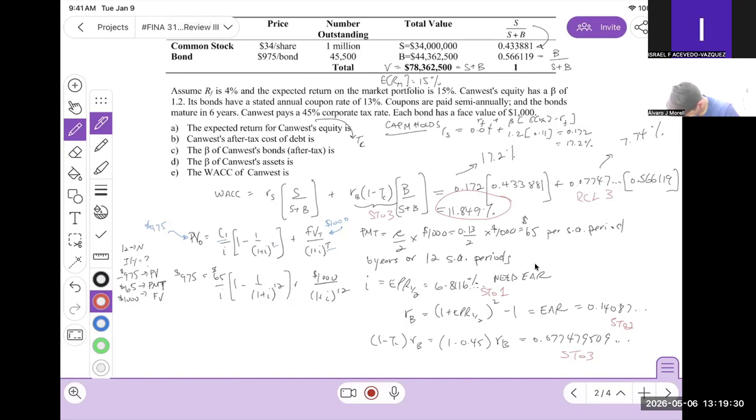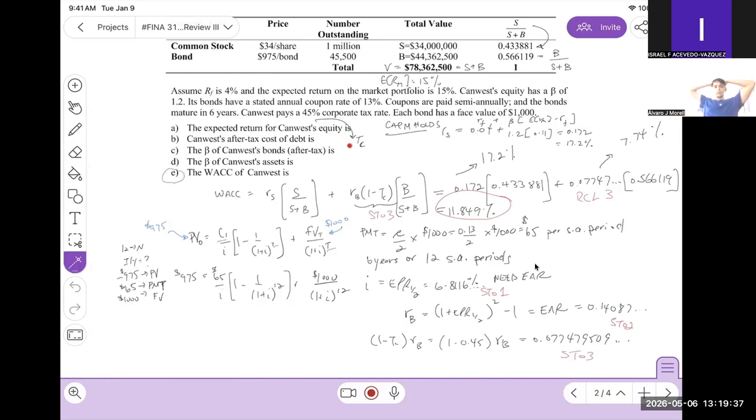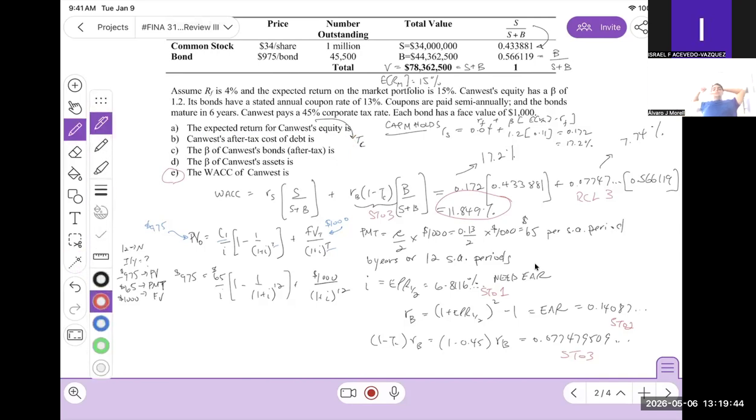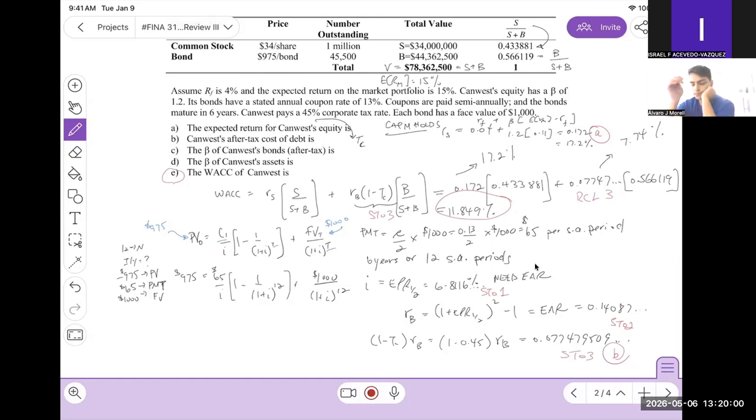Now there's a bunch of other questions. So I answered E, but we also have the expected return to equity, which we calculated over here. So this is A. After-tax cost of debt, we did that over here, which is B. I think we're out of time though.